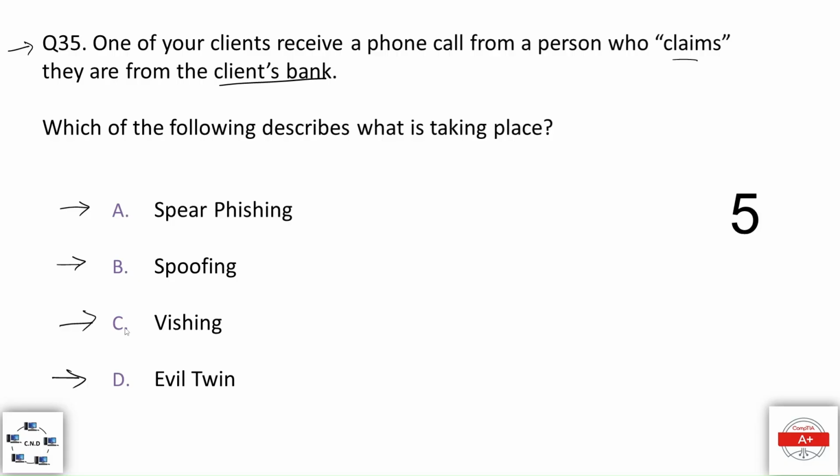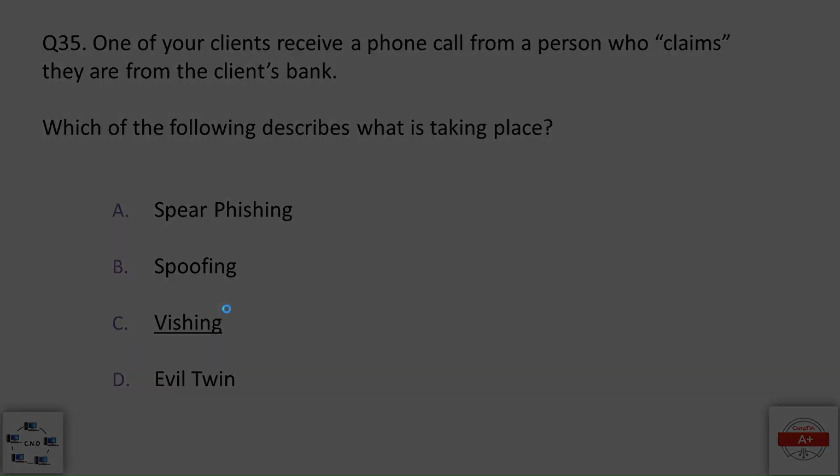And the correct option is vishing. So vishing is voice phishing, since the attacker is using a phone call or voice call to phish the user. Therefore, this type of attack is known as vishing, or you can say phishing using voice messaging or voice calling.